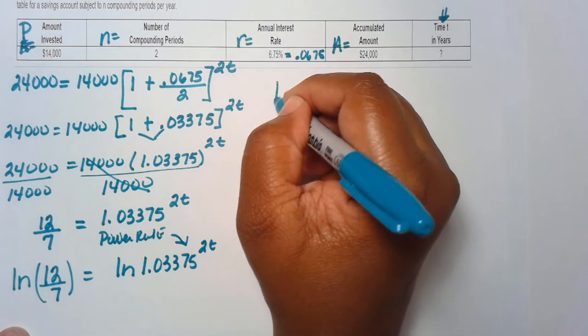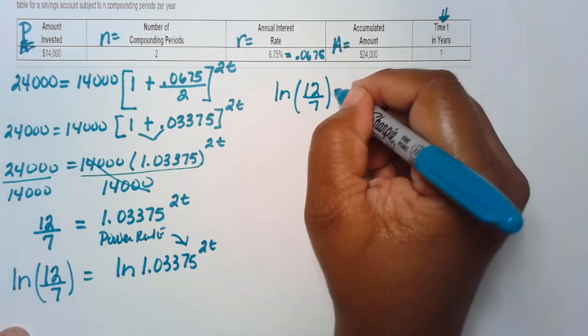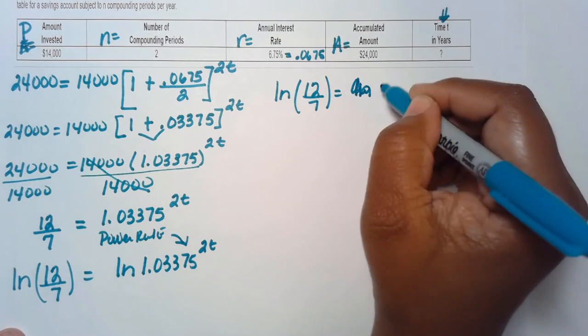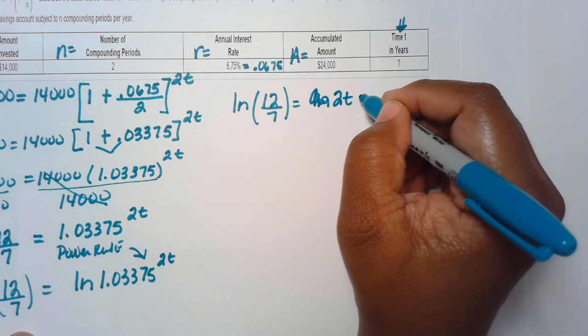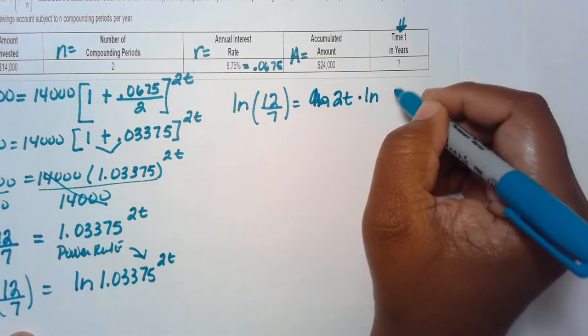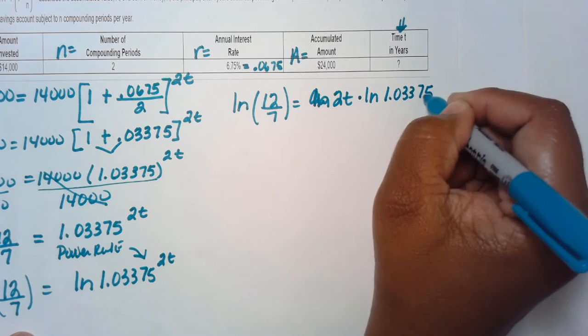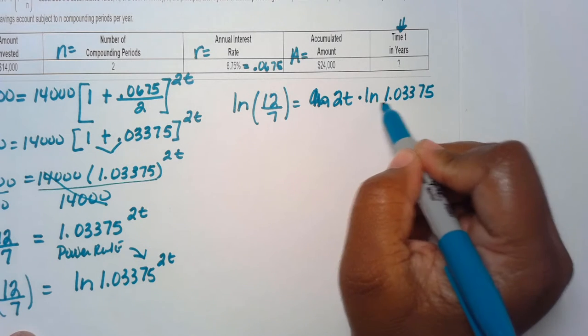So on the left-hand side, we have ln of 12 over 7, and we'll find a value for that. That equals 2t times ln of 1.03375. Now, to solve for t, this is what we're going to do.